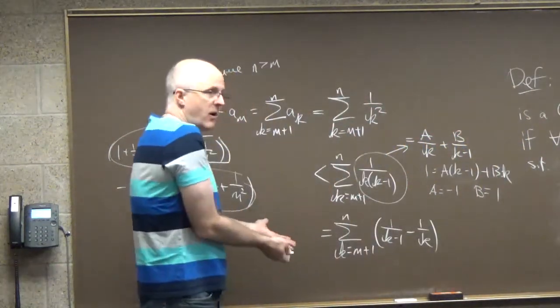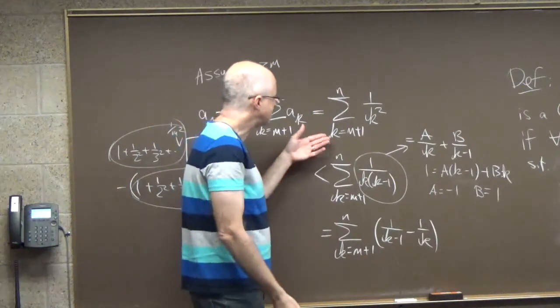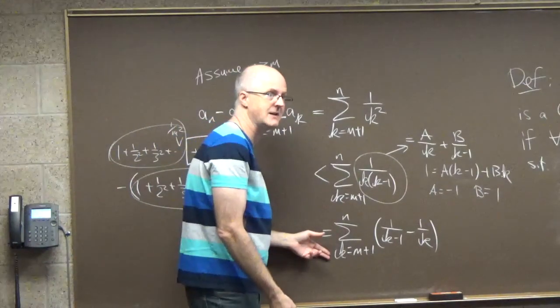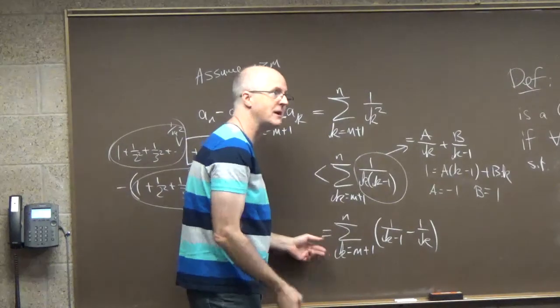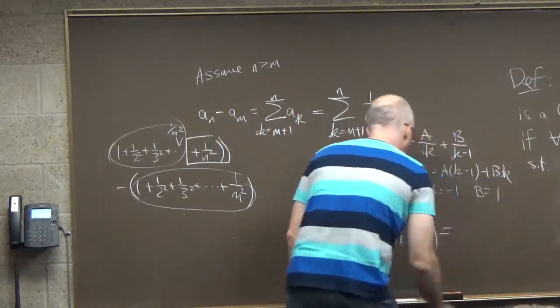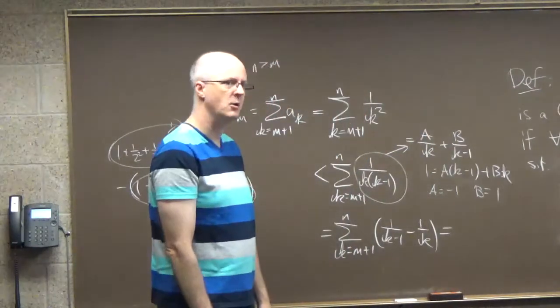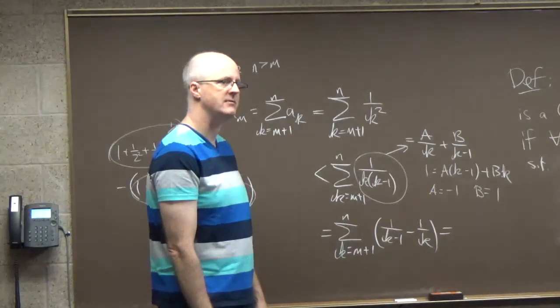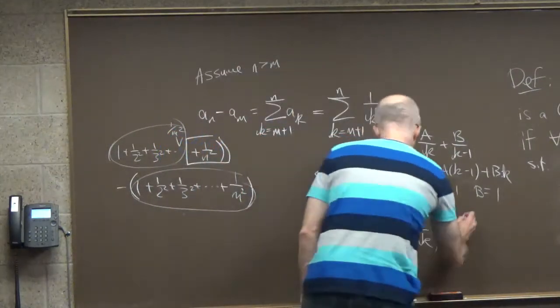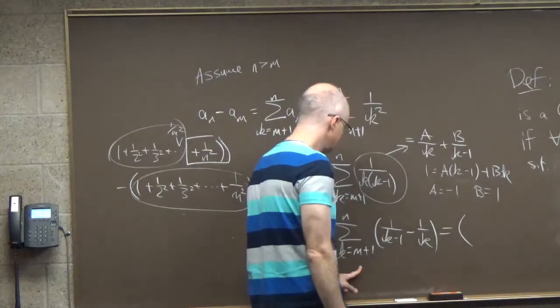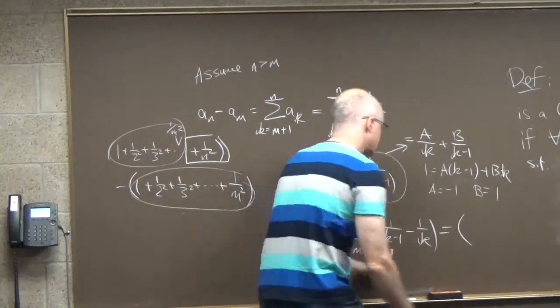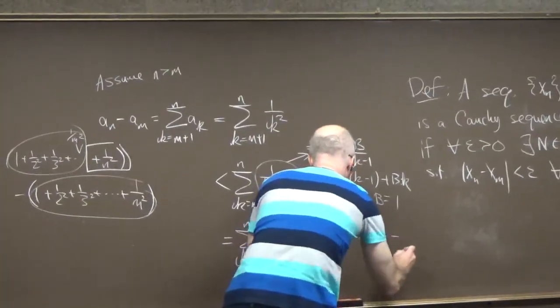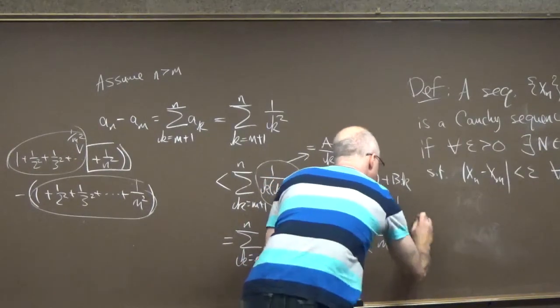Once again, we're sort of at a point where it's not clear what to do. I mean, it's not clear that this was going to work to begin with. But it actually is a good thing, because if you now write this out, it's called a telescoping sum, and a bunch of stuff cancels. When k is m plus 1, this becomes 1 over m minus 1 over m plus 1.